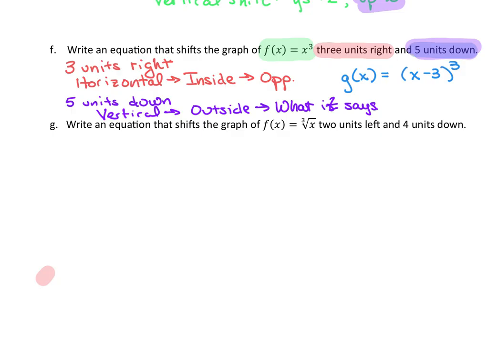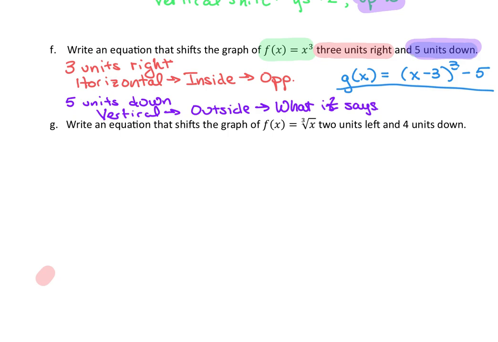And so if we're talking 5 units down, we're talking about subtracting 5. And so that's what we're going to put on the outside. And so my final function is going to be g of x equals (x minus 3) cubed minus 5. And we're done.